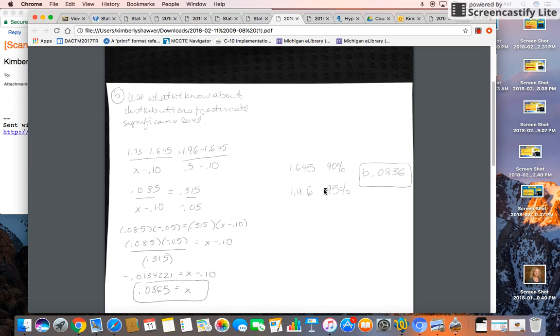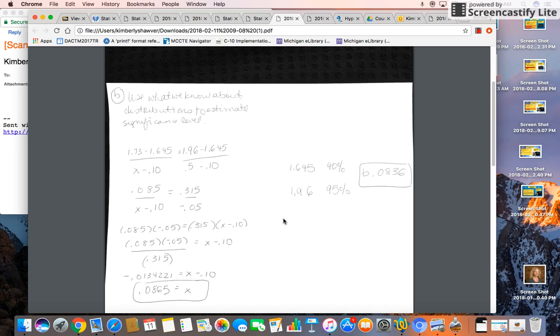I'm using this information on the right side, 1.96 minus 1.645, then 0.5 minus 0.10. This is significance level. Remember, significance level is 1 minus this value. So then I have 1.73, the unknown, minus 1.645 over whatever the significance level is, minus 0.10.